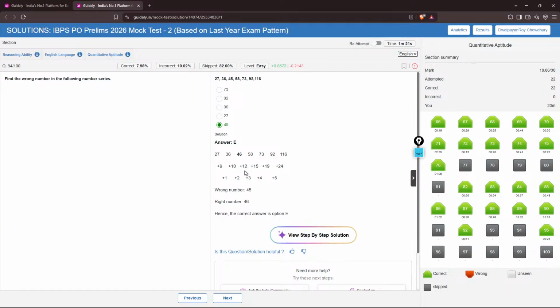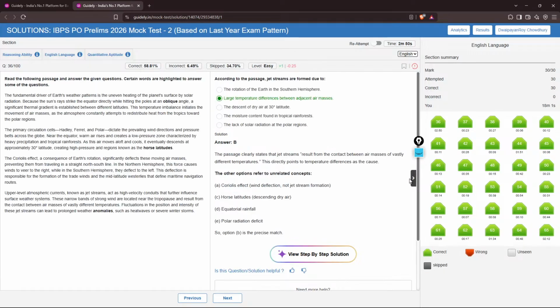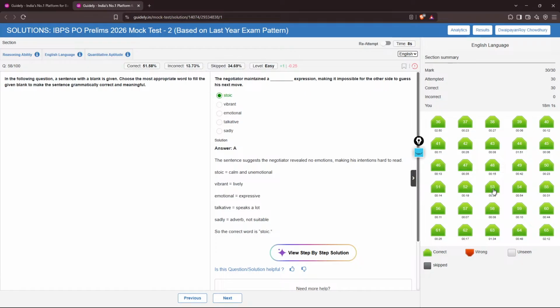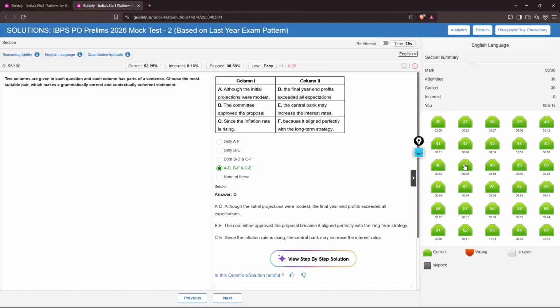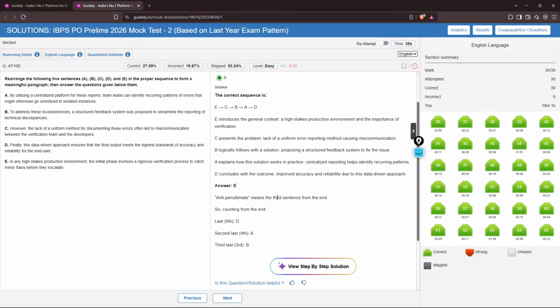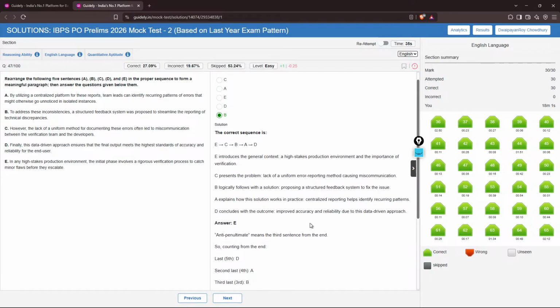This one 9, 10, 12, 15, 1, 2, 3. All right. Not that much to worry about. So that means, just a second, I think here antepenultimate means third from the last.